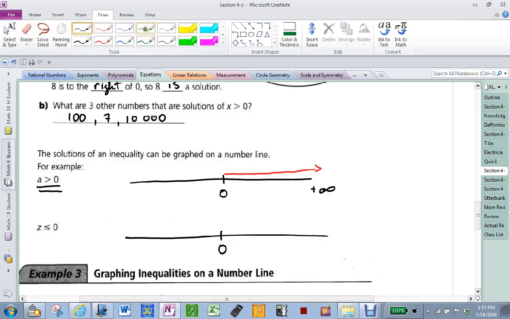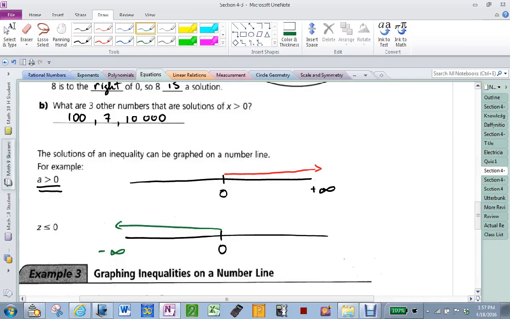Some number that is less than or equal to 0. Everybody cool? Okay. So what would that line look like? Down to negative infinity. Is everyone cool with that?